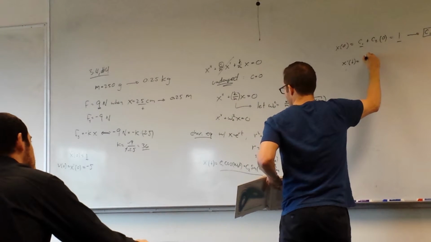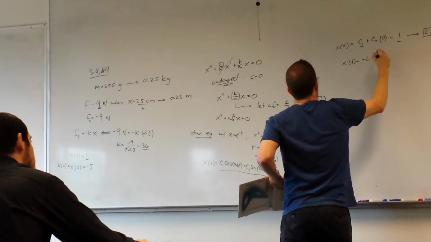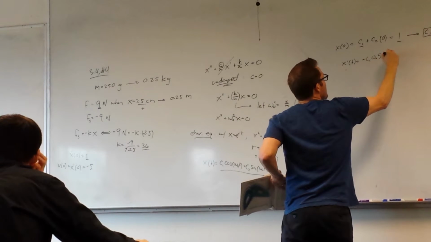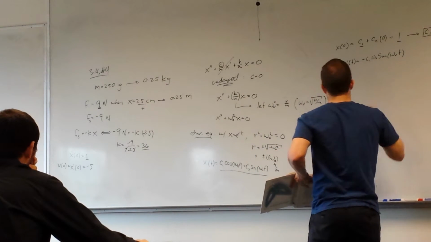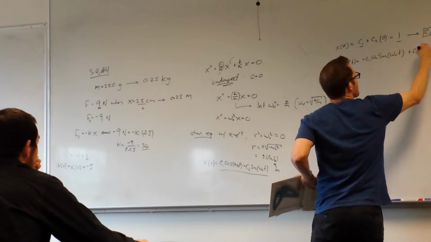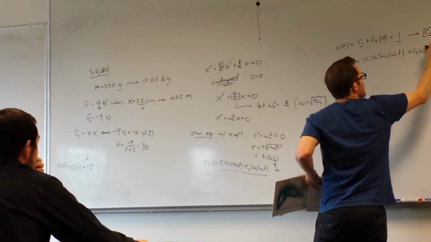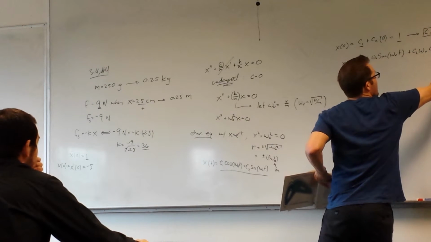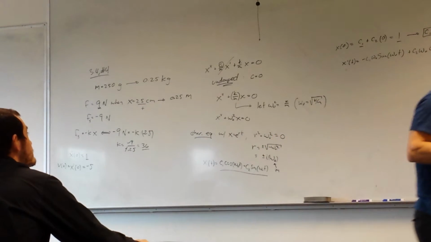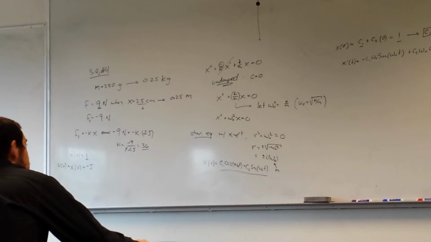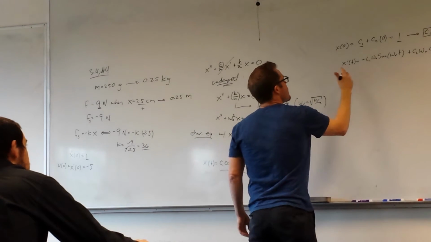So we have negative C1 omega naught sine omega naught t, and sine goes to cosine, omega naught pops out, so plus C2 omega naught cosine omega naught t. And then we use our other initial condition.